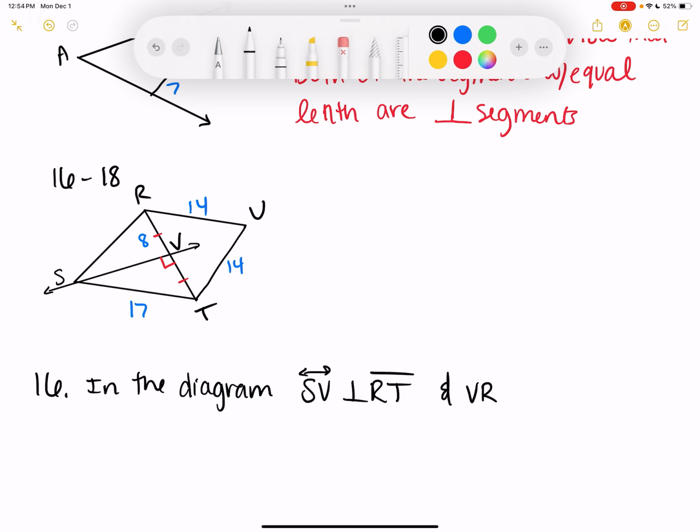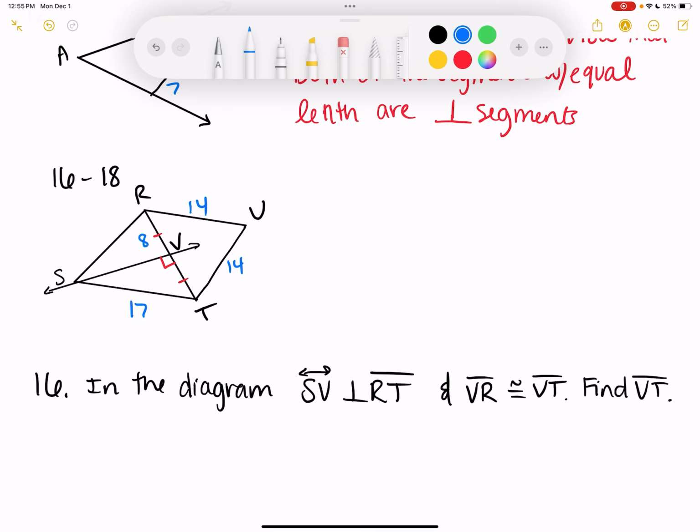And VR is congruent to VT. Find VT. All right, so we know that SV is perpendicular to RT, and we're told that VR is congruent to VT. It's these little marks that tell us.